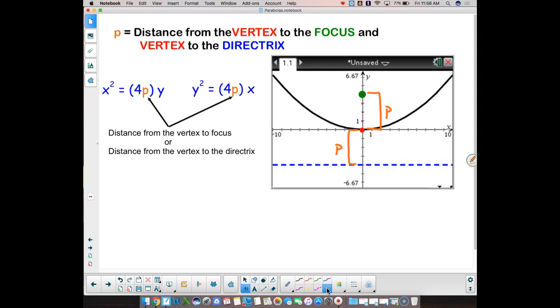So on my picture that I made, the focus is up here. This distance right here is P. This distance also is P. So it's the distance from the focus, which is the green dot up on the smartboard, to the vertex, which is the red dot, and from the red dot to the blue line, which is the directrix. Those are P values.